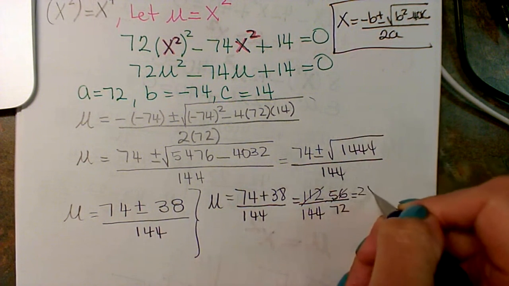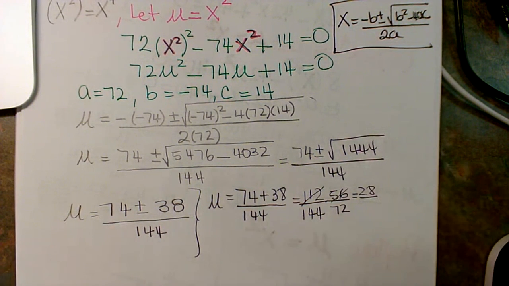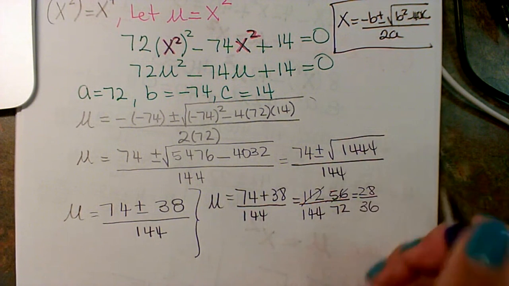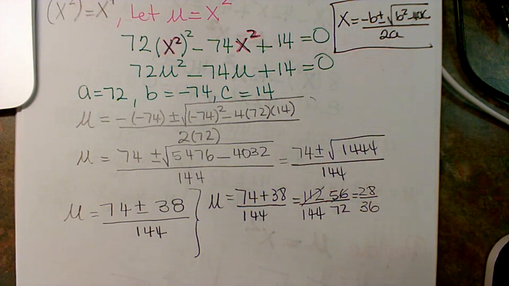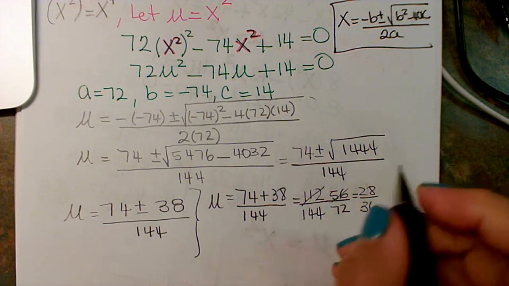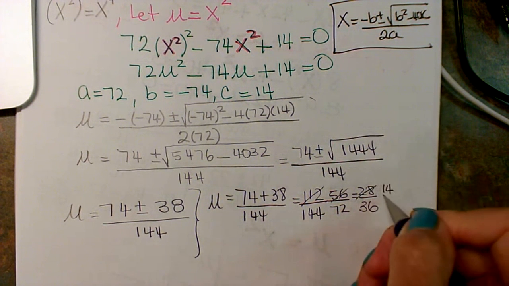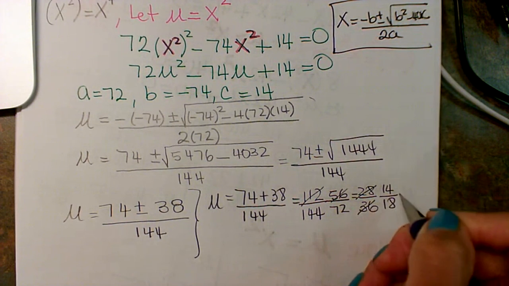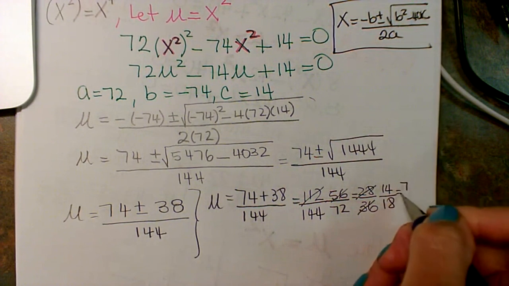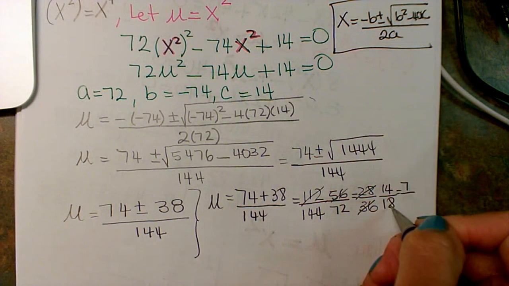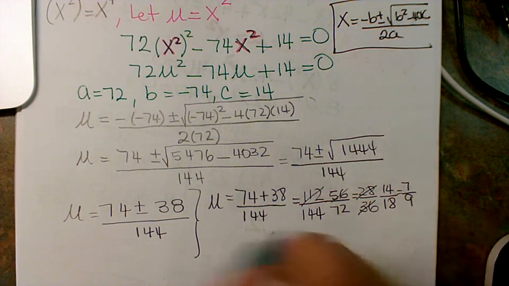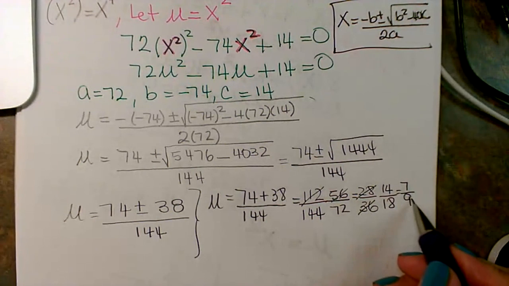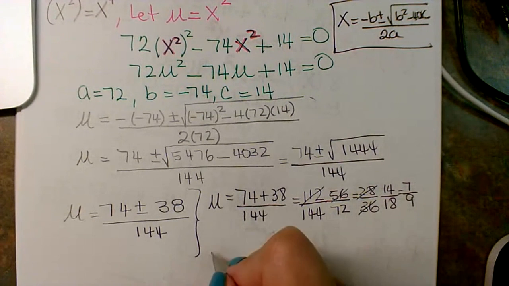By 2, 28 over 36. By 2, 14 over 18. By 2, 7 and 9 right there. So u is equal to 7 over 9.